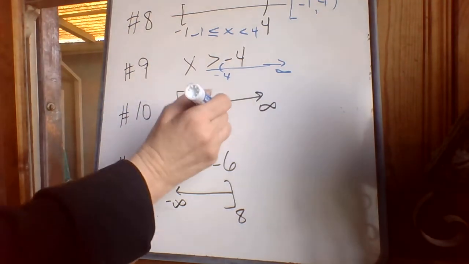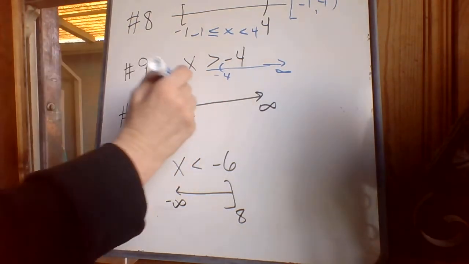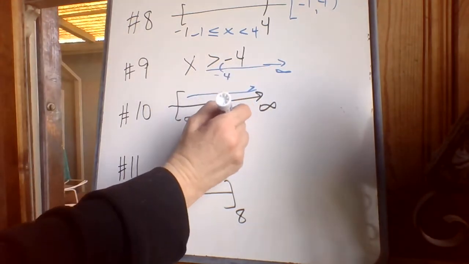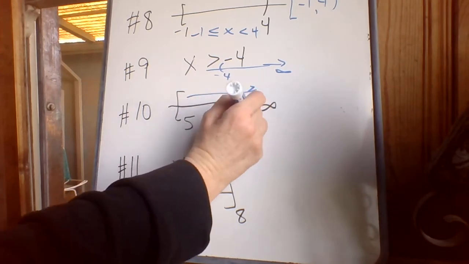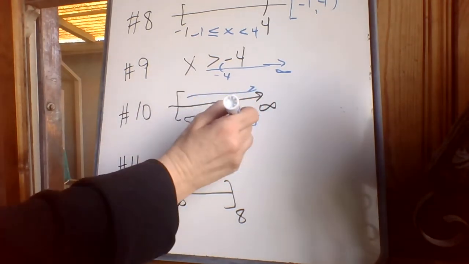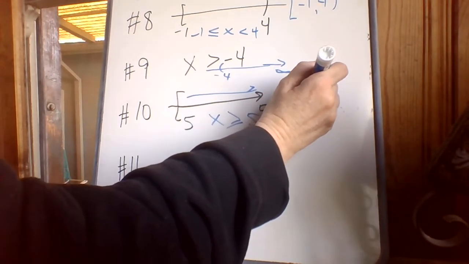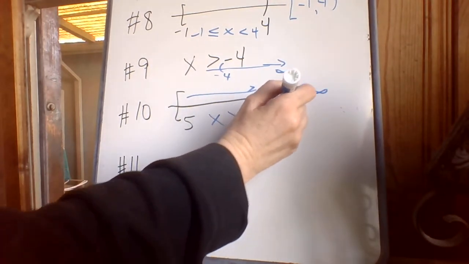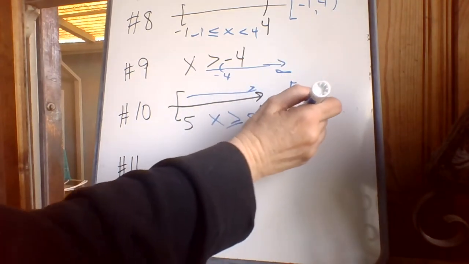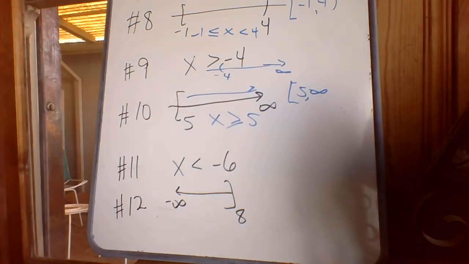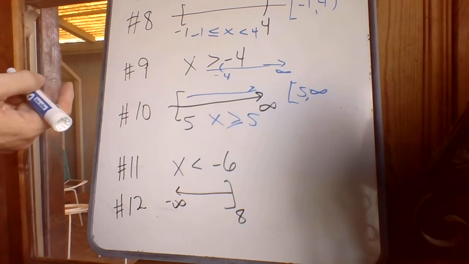Number 10, okay, arrow going that way is a greater than sign. X always goes over here. 5. Square bracket, I better put in an or equal. 5, infinity, square bracket. And then over here on this side, you're not supposed to put a square bracket, okay?